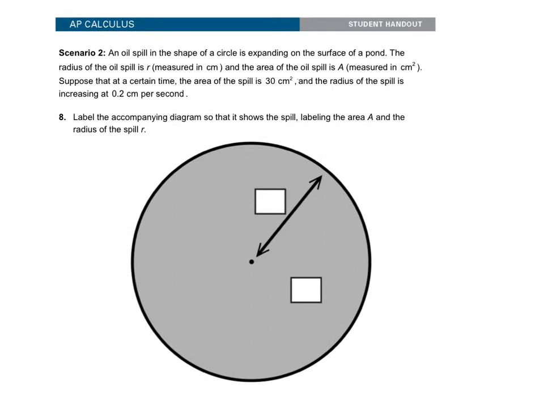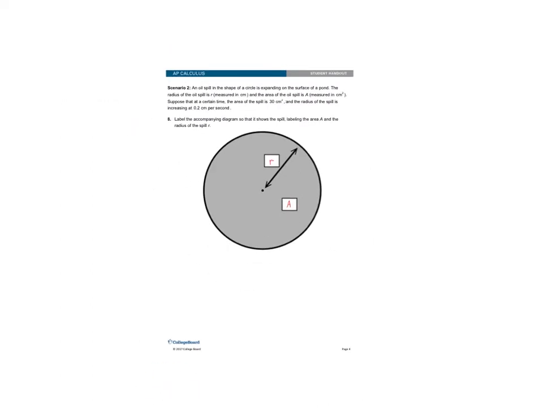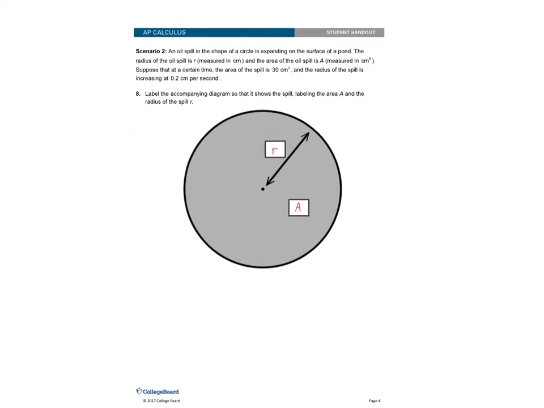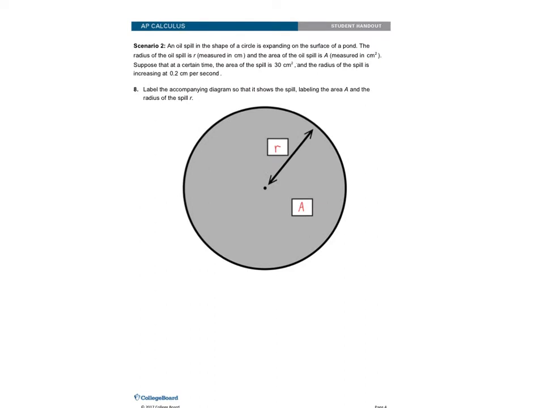So this will be R, that's the radius, and this is the area here. Okay, that was the labeling.